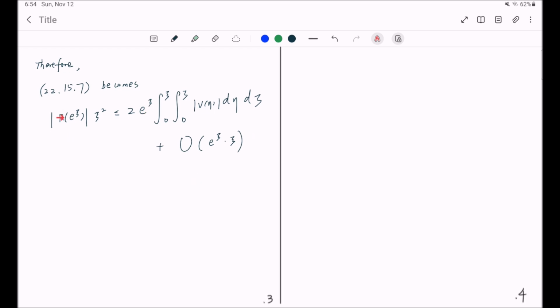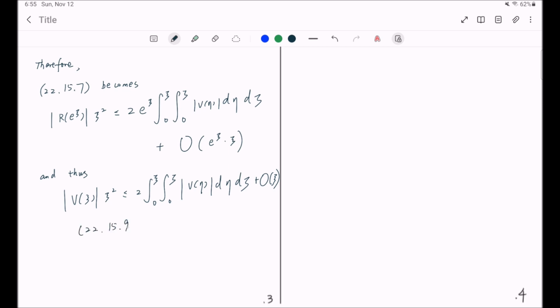And note that r of e to the psi divided by e to the psi is v of psi. So we get the following integral inequality and call it 22.15.9.